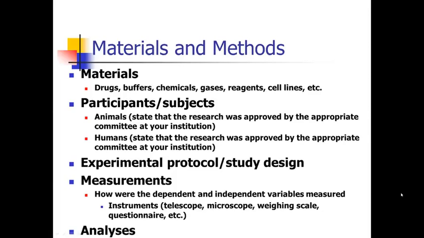Telescopes, microscopes, weighing scales, questionnaires, etc. And then finally, what analyses did you do? How did you analyze your data at the end of the day? So those are the basic elements. Now, the materials and methods section, of course, is going to differ slightly depending on what scientific discipline you're coming from. So I'm giving a high-level summary here that would apply across disciplines. But these are the basic elements you're looking for in that section.